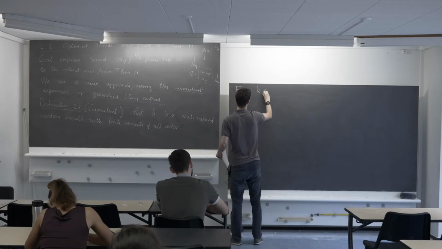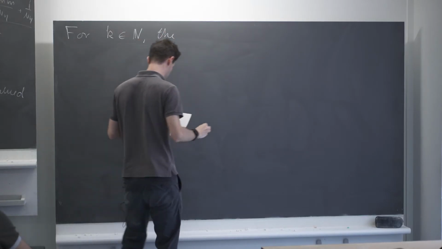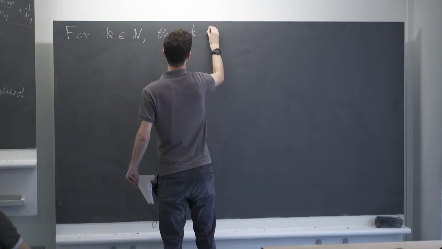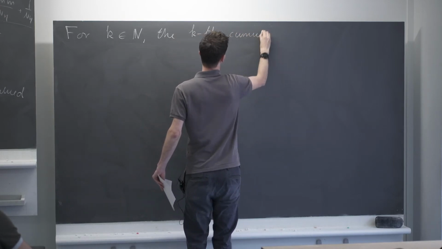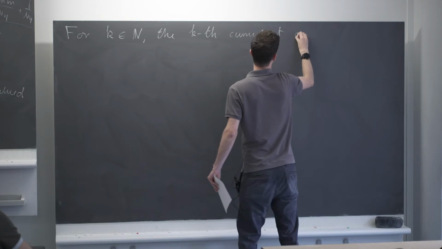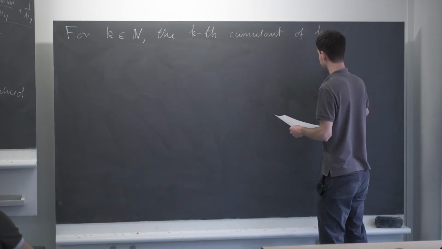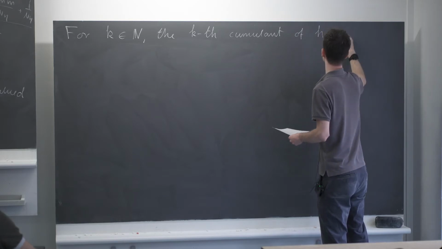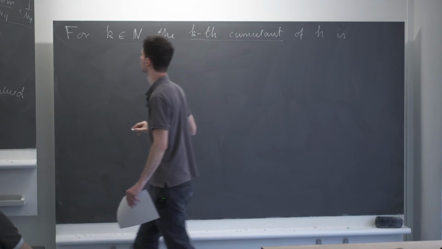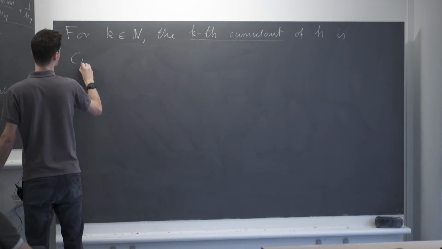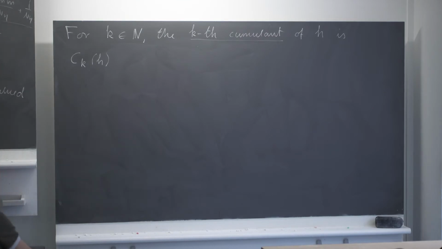So the kth cumulant of h is. So there's the notation I will use. It's c_k of h.